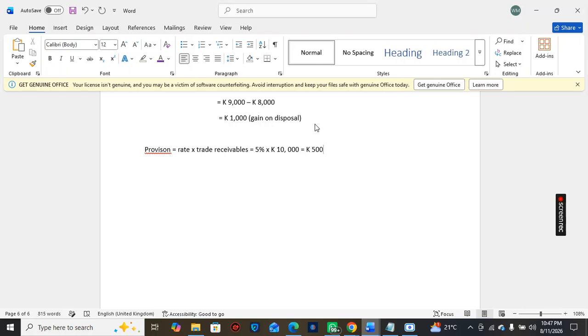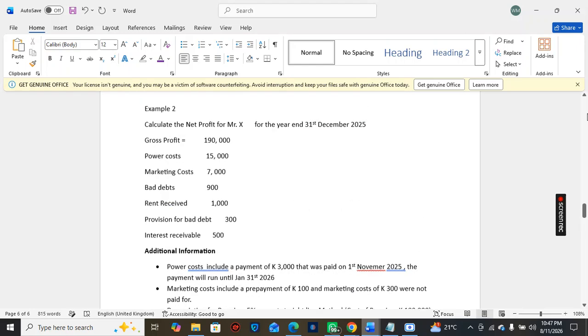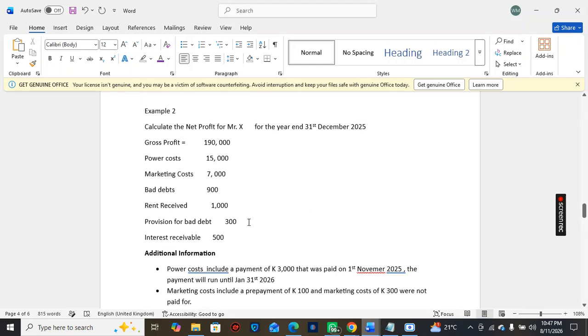Now, colleagues, this provision that we've calculated here is for the end of the year. This one, which was already here in our information, is for the beginning of the year. Because remember, the money that is owed to you by people changes.